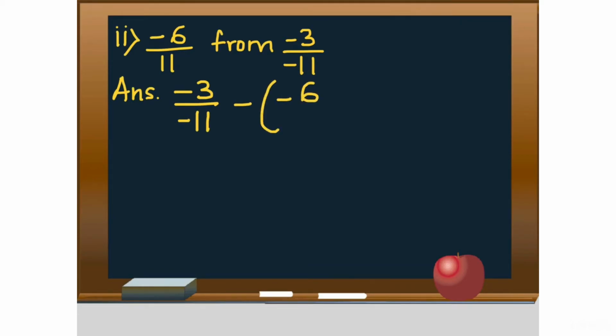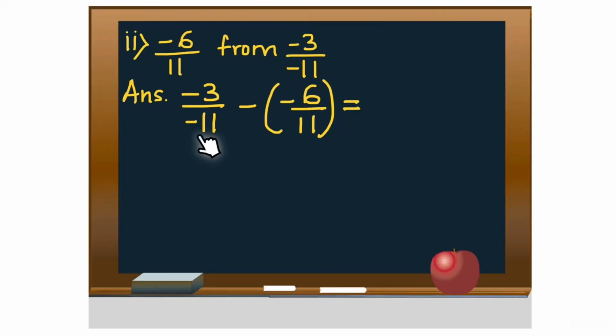6 by 11. This expression is equal to, since in this rational number the numerator and denominator have the same sign, this rational number is a positive rational number. We can write this as 3 by 11.